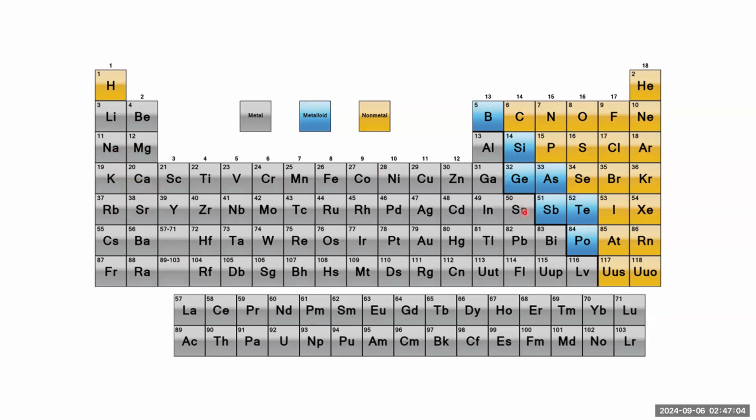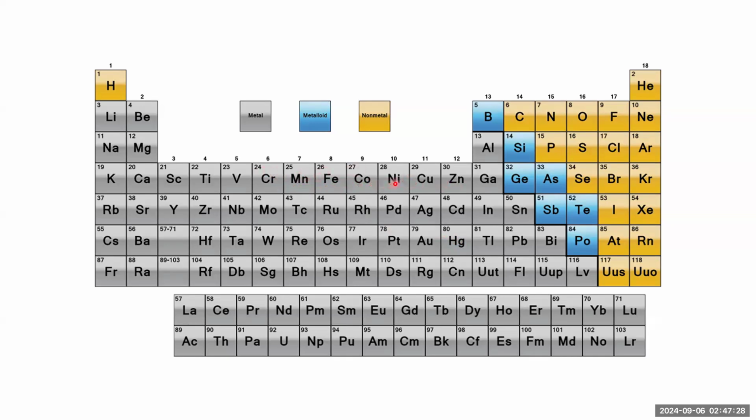Here's tin, here's lead. Where's our silver and gold? I always forget which one is which. Mercury, very similar to those. Chromium we need, manganese we need, iron we need, cobalt we need, copper we need, nickel we need, zinc we need, right? So a lot of these we tend to need.